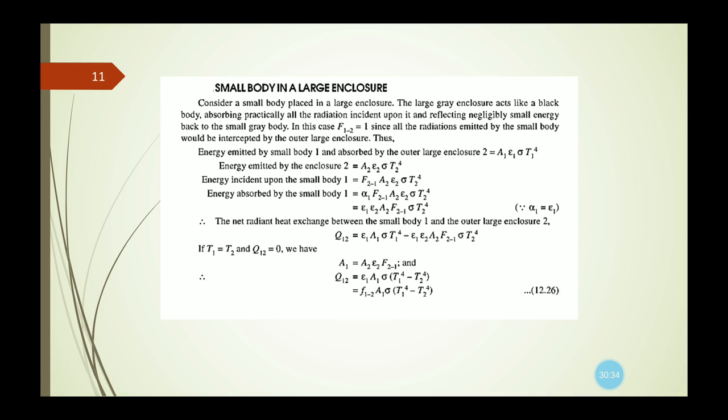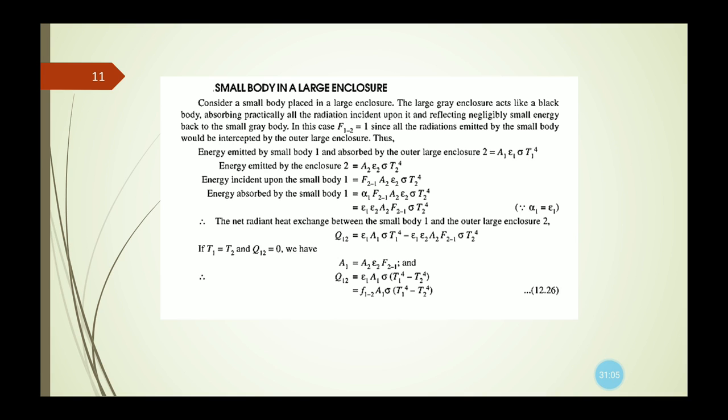That large gray enclosure will act like a black body, absorbing practically all the incident radiation upon it and reflecting negligibly small energy back to the small gray body. So in this case F12 equals 1, because all the radiation emitted by the small body will be intercepted by the outer larger gray enclosure.